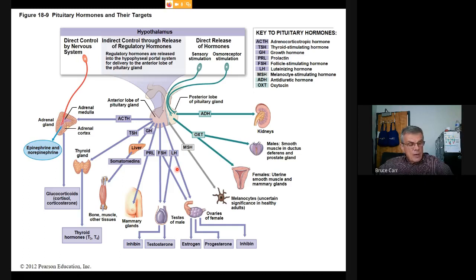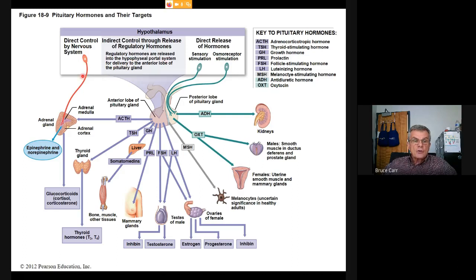This diagram is a wonderful summary diagram, and we're going to go into some details in just a moment. But I want to present this diagram because so much of what will answer your questions and help you start to understand the endocrine system is controlled here. We start with the hypothalamus. See the 3 main modes of action.